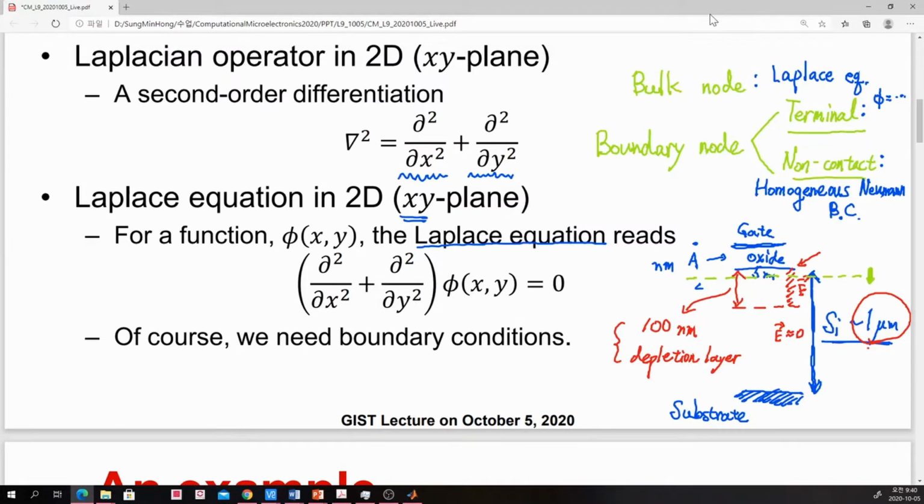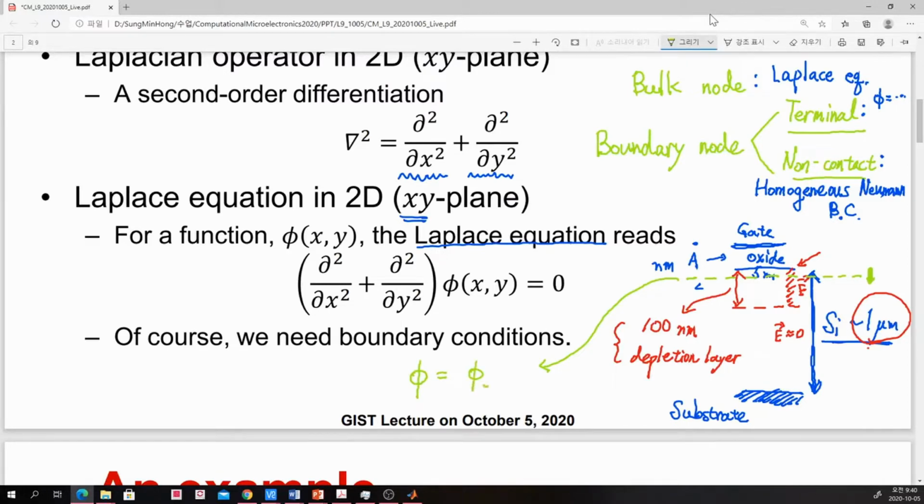But what is the boundary condition imposed on this artificial contact, the substrate which is moved to the 5 nanometer position? In this case you will just say phi equals the phi at your local equilibrium condition.